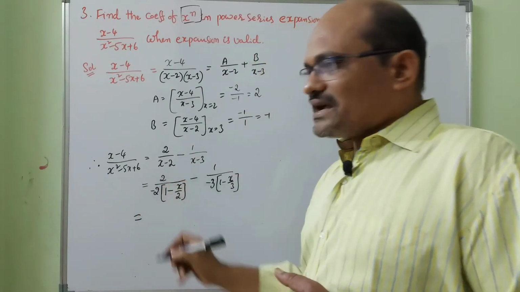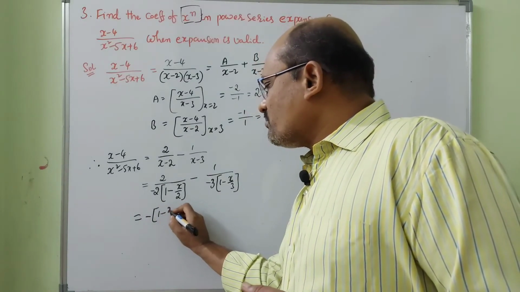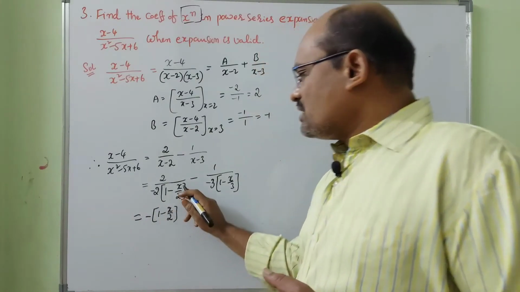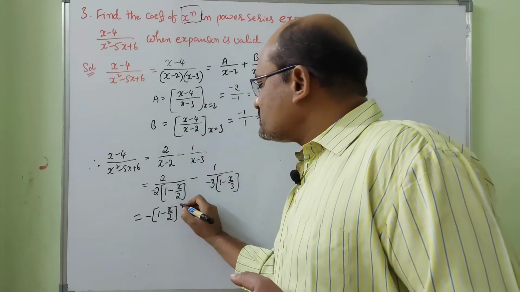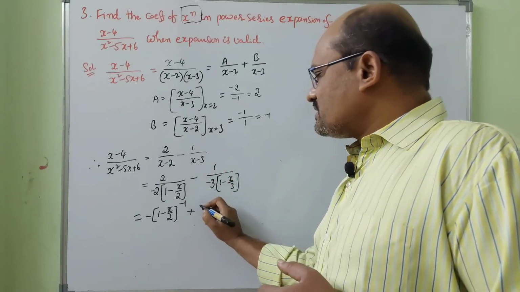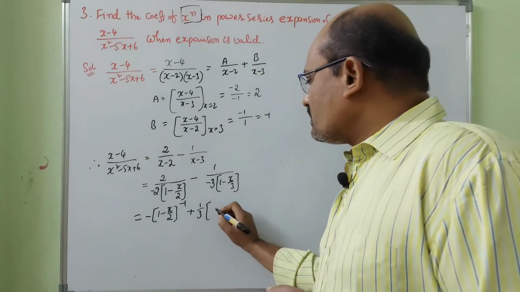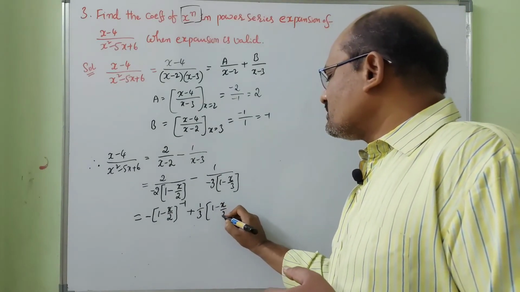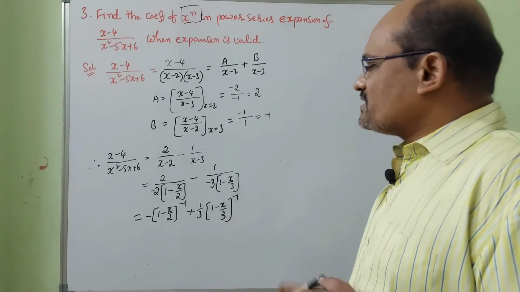Here 2 gets cancelled, minus of 1 minus x by 2, take denominator into numerator, it becomes power minus 1. Here minus into minus, plus 1 by 3, write in the numerator, you will get 1 minus x by 3 power minus 1.